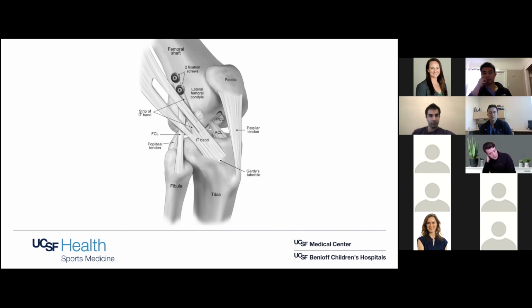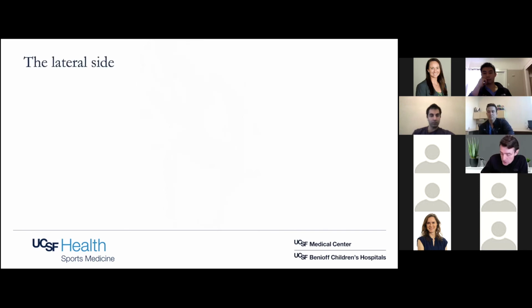It travels under the LCL and then is tenodesed to the lateral femoral condyle, and that provides a similar amount of rotational control that the ALL provides. This is a much easier, much quicker way of doing it. And so I think we've started doing this in practice.